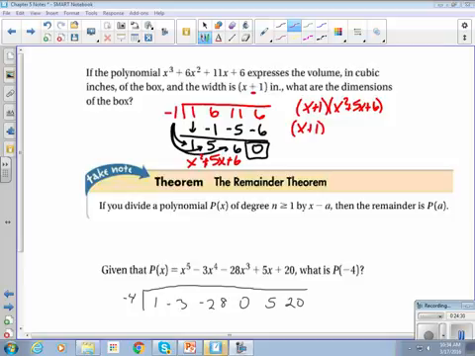So we can factor x squared plus 5x plus 6. Which two numbers multiply to give us 6 and add to give us 5? 2 and 3. So the width is x plus 1. The other dimensions are x plus 2 and x plus 3.